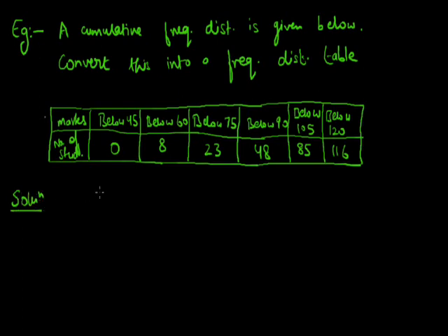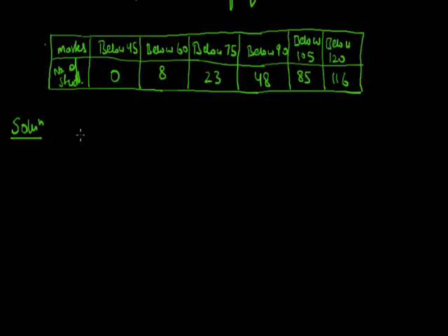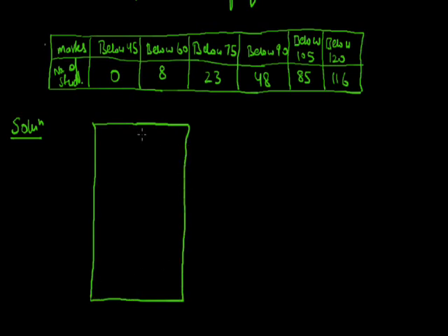As we know, in a frequency distribution table it is very important to keep the class size the same. It's not necessary, but definitely we want to keep the class size the same, and accordingly we'll make the table. As you are seeing here, the marks given are below 45, below 60, below 75.